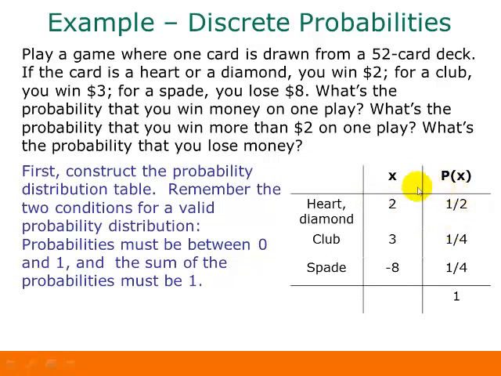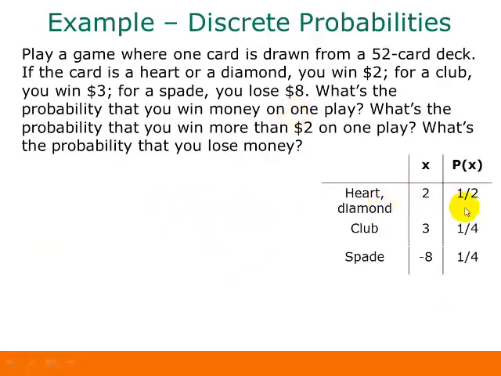So here's our final probability distribution. We have our numerical outcomes here, and here we have our probabilities. It's 1/2 for a heart or a diamond, 1/4 for a club, and 1/4 for a spade. And just to check that we've computed these probabilities correctly, we can add them up, and they do add up to 1.